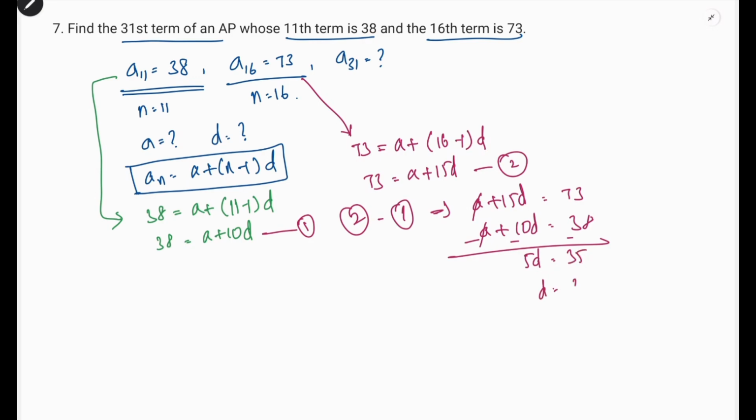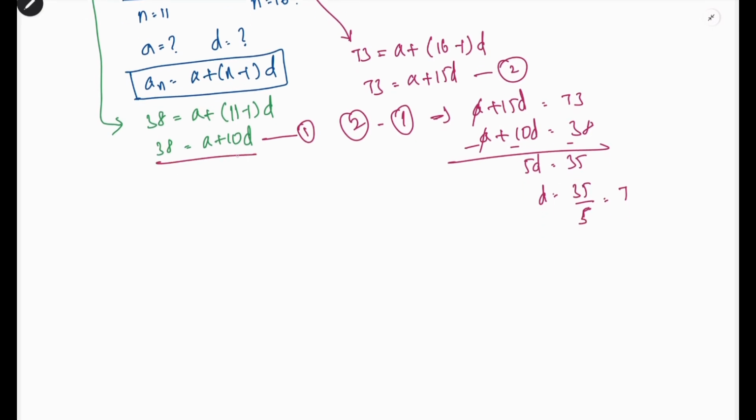Here d is equal to 35 by 5, it is 7. We will substitute the d value in the first equation. We get 38 is equal to a plus 10 into 7. It is a plus 70 is equal to 38. So a is equal to 38 minus 70. a is equal to minus 32.